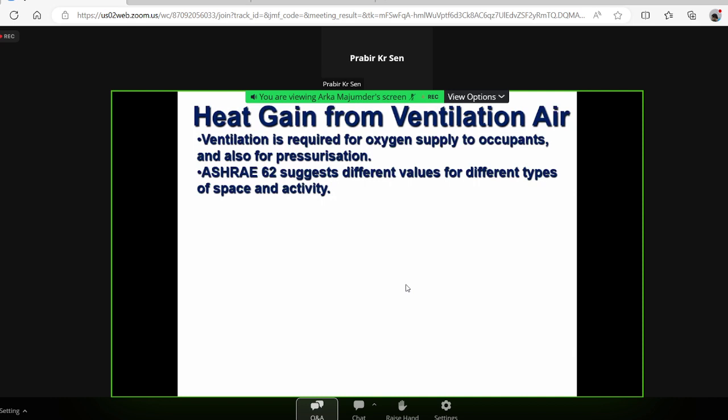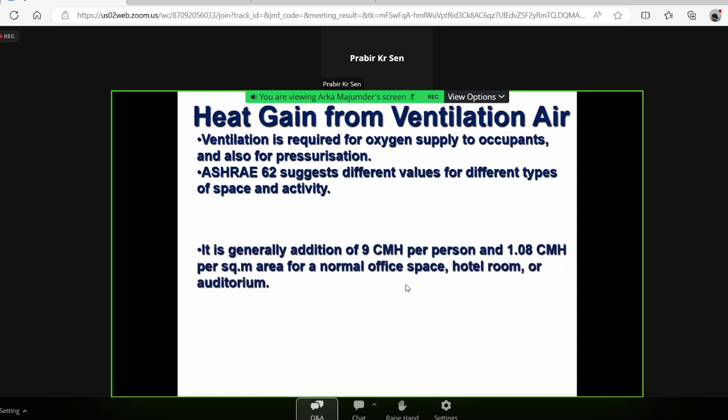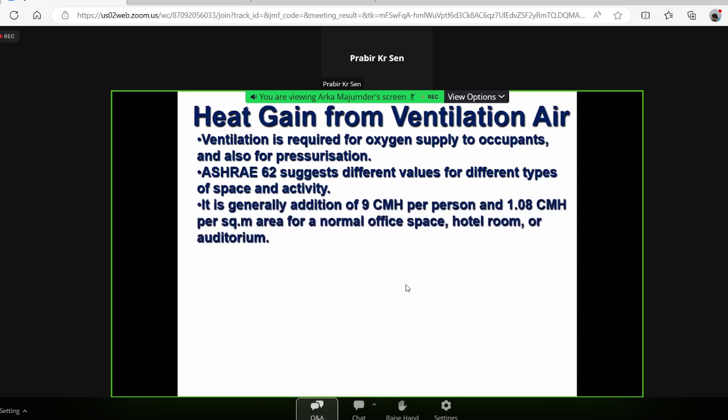Before we go for heat gain from the ventilation air, we must know how much ventilation air we should take. ISHRAE 62 has suggested how much ventilation air we should give for various applications.